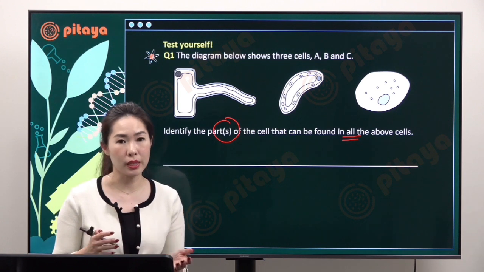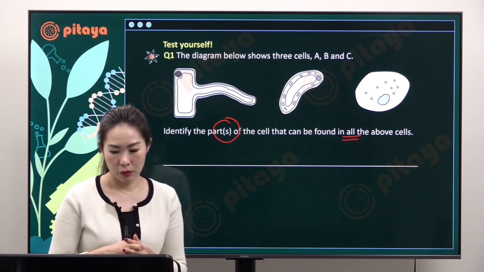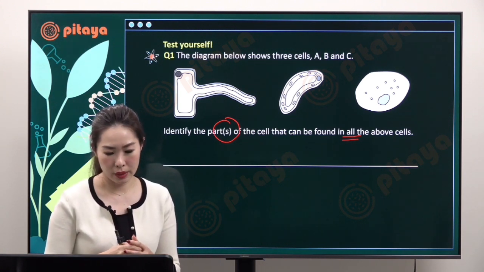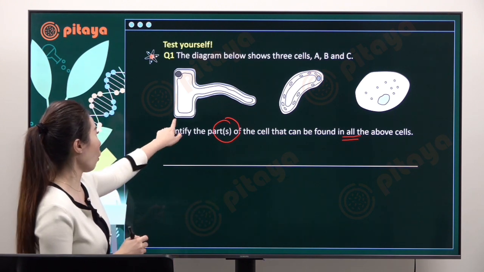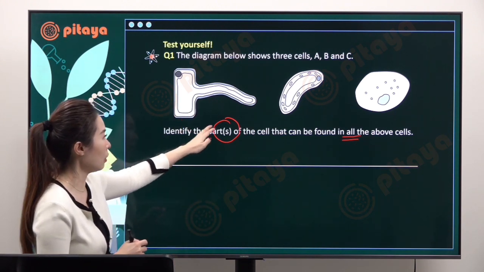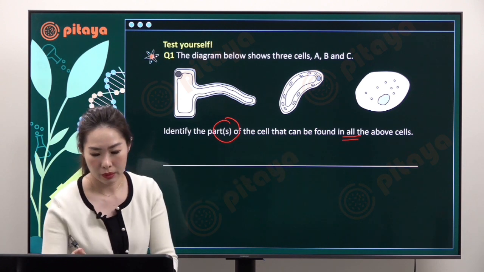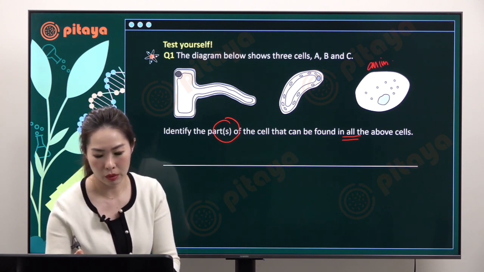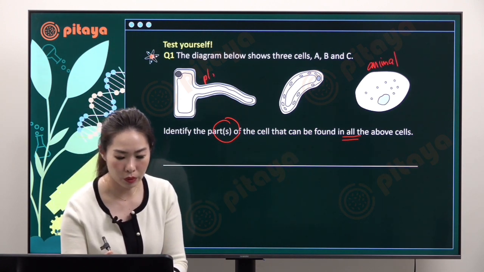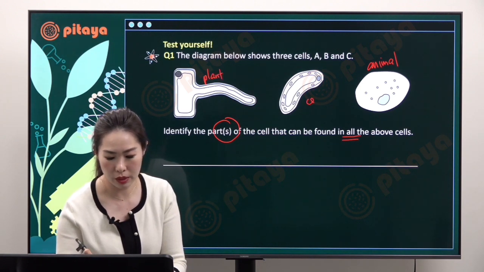So this question is pretty easy. For some cells like the first 2, they seem to have a thicker layer or more outlines around the entire cell compared to the last diagram. The last one is an animal cell, whereas the first 2 are plant cells. And you will see these plant cells again.